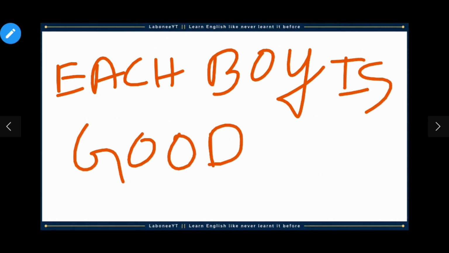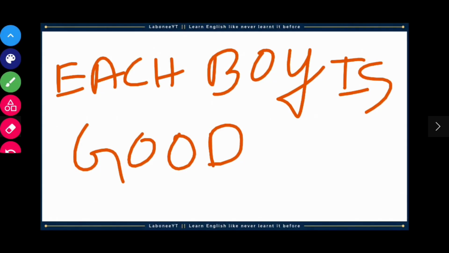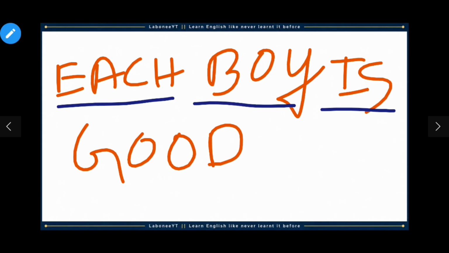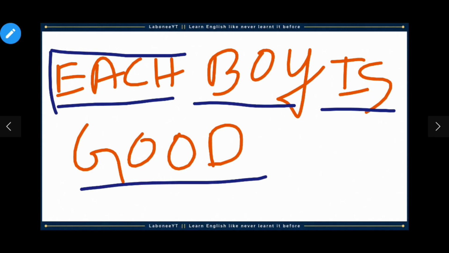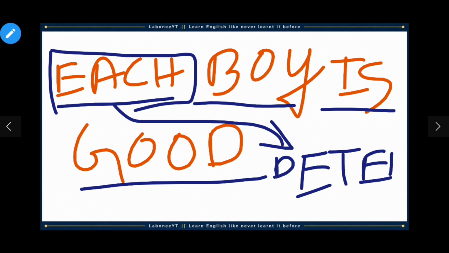So you can see this sentence where I have written each boy is good. So here each denotes or determines the position of the noun, that is boy, who is good. So it is also an example of a determiner where we have written each as a determiner too in this sentence. So in this way we can use each before a noun as a determiner to determine the position or place of the particular noun in that sentence. That is the main thing.